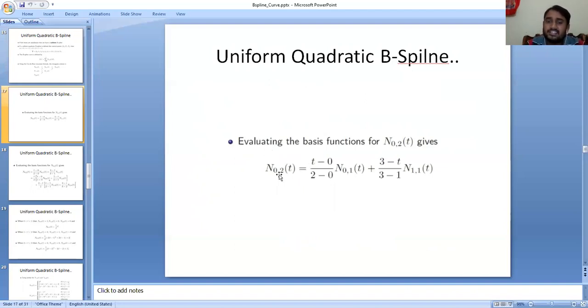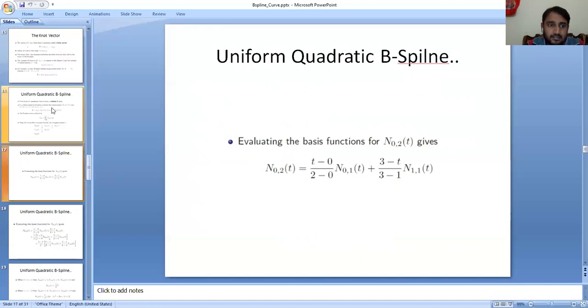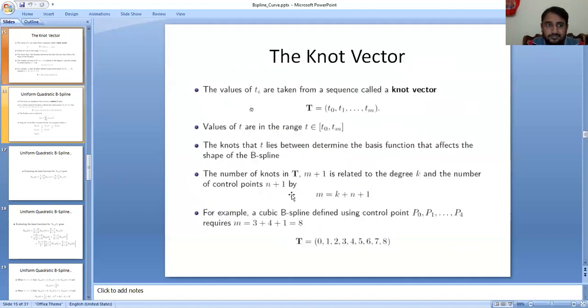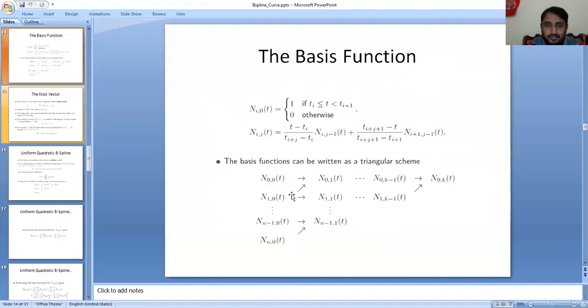So N0,2(t) is equal to, where i is equal to 0 and j is equal to 2. With the formula you can see, this is i and this is j, this is 0 and this is 2.